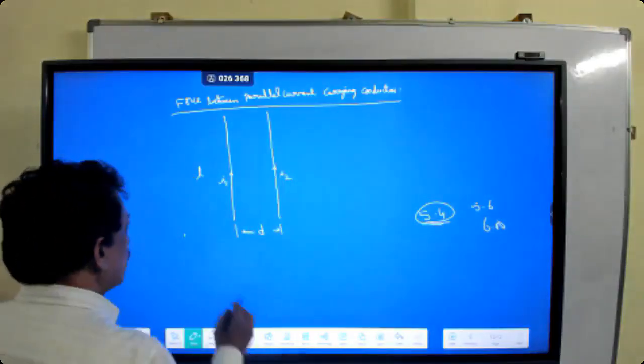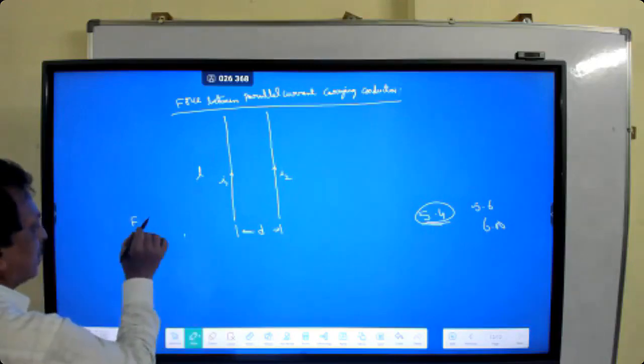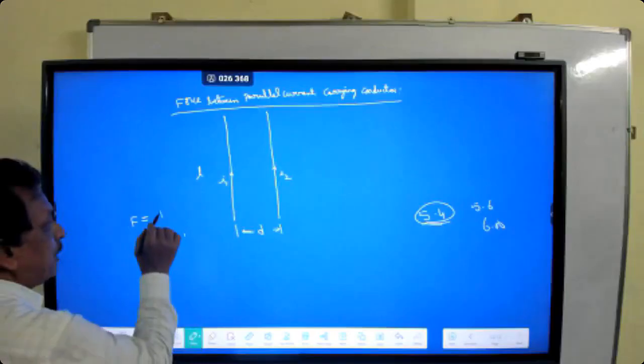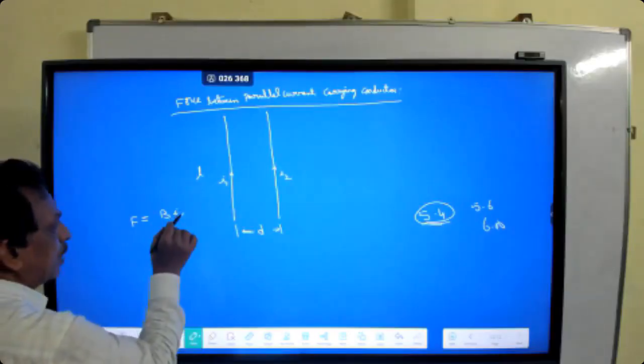Whatever it might be, we take the affected length. Now what is the force formula? Force F is equal to B I L.